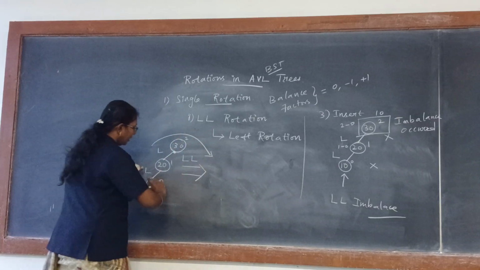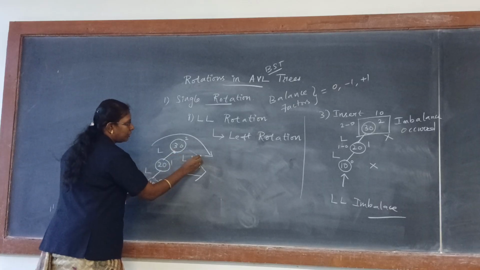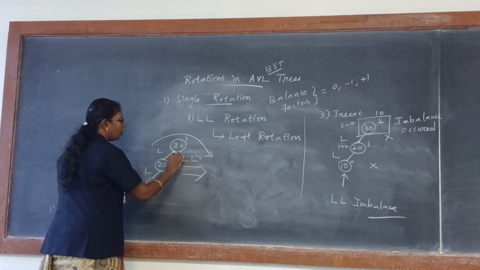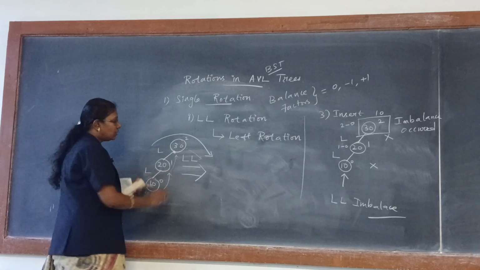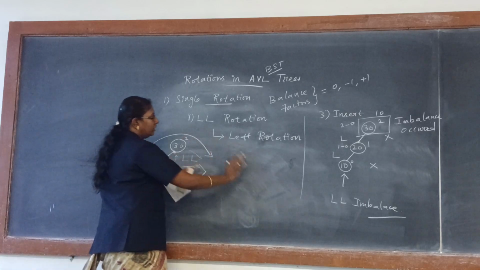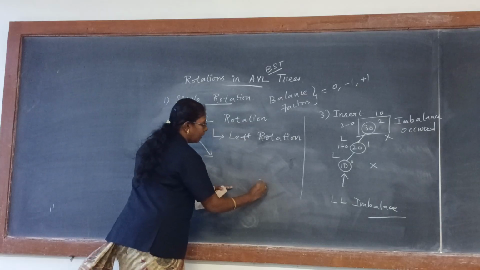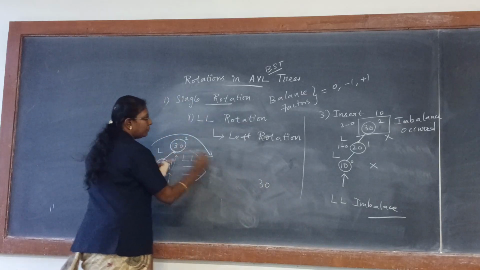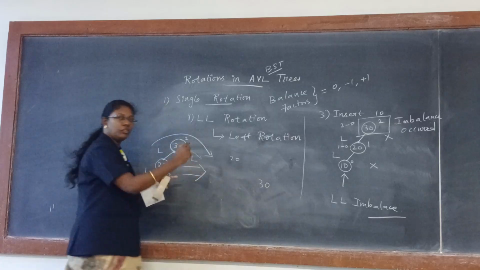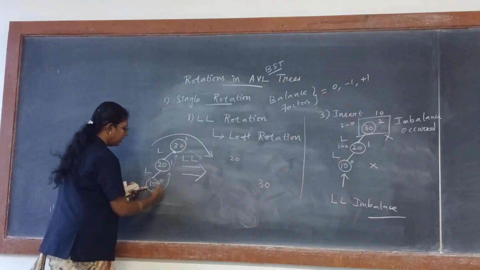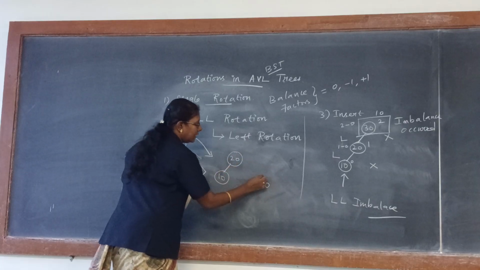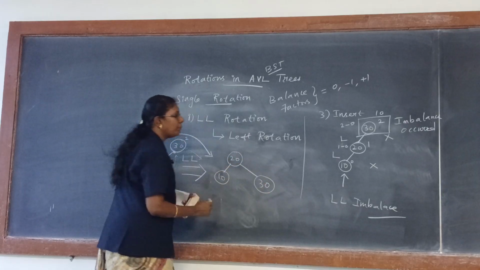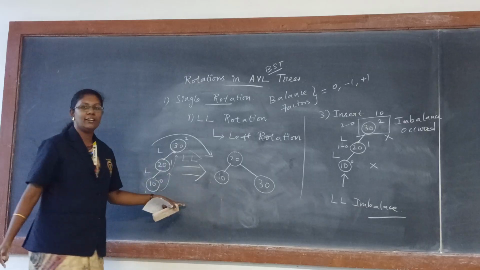Now this 30 will come to this point, and this 20 will occupy the root along with 10 at this point. So 30 will come to this point and 20 will come to the root node, followed by 10 here. So this is the new tree formed after performing LL rotation.